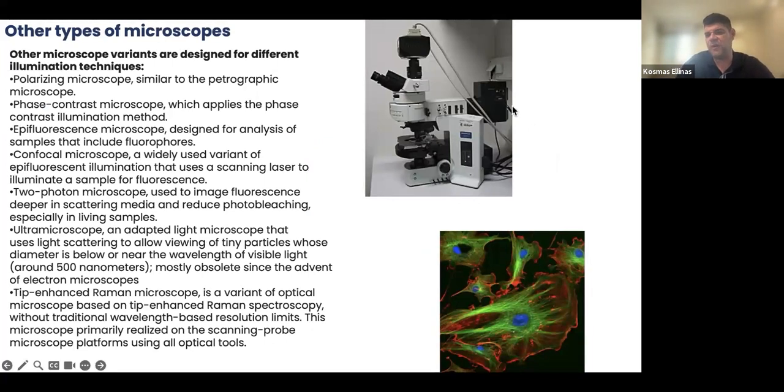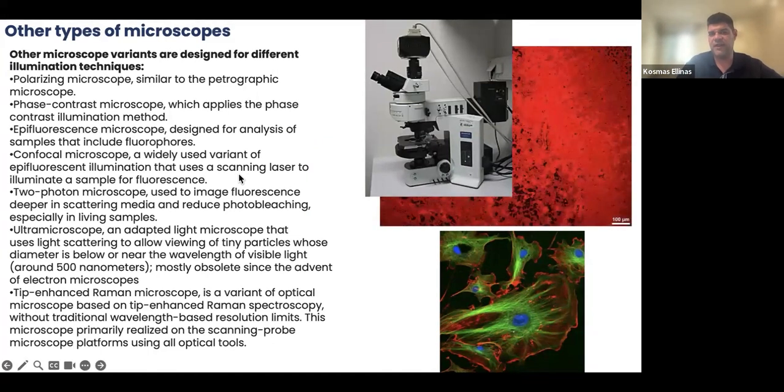Here, I'm showing you a fluorescence microscope in which we can see human cells, and how the core is painted differently from the outer part of the cell. We also have confocal microscopes in which we can focus on different depths of the sample and see what happens there.